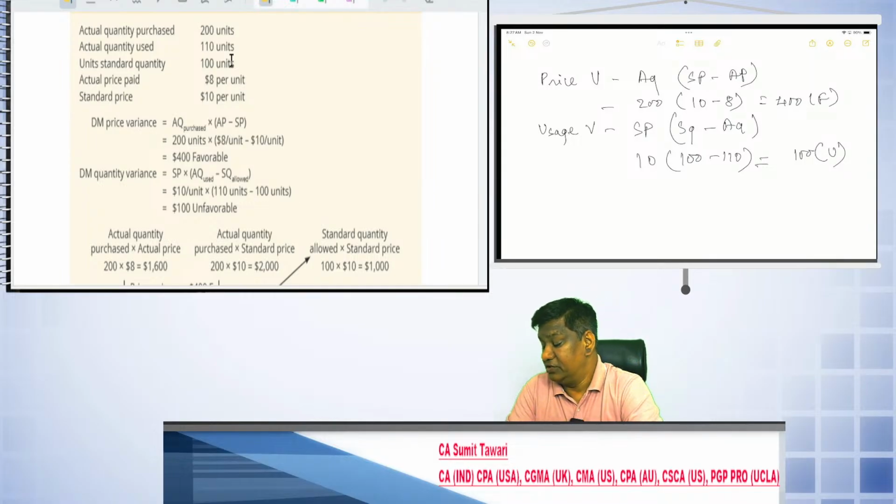This is how we calculate it. The catch here is that the actual quantity purchased is 200 units and the actual quantity used is 100 units. So for the price variance you consider the purchase quantity, and for the usage variance you consider the usage quantity.